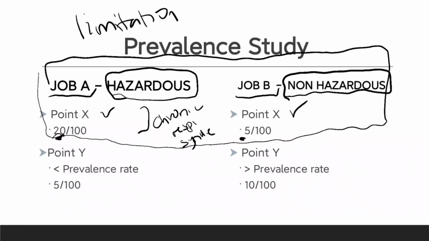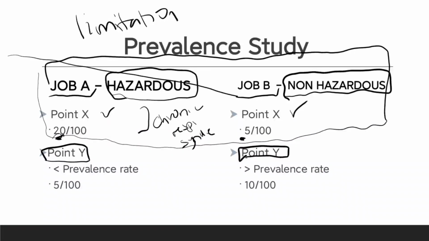However, baguhin natin. What if inaral natin yan noong point Y? Okay? So, tanggalin nyo na muna to. May iba nang gumawa ng study na yan. Okay, sige. Aralin natin siya ulit. Okay? Now, sa point Y, ang nangyari dito was nag-resign na yung mga nag-develop ng chronic respiratory syndrome.